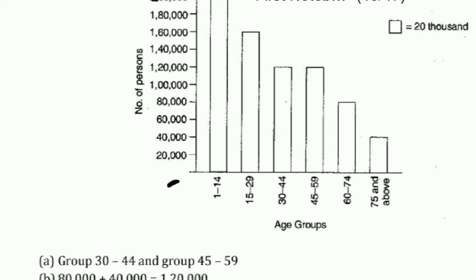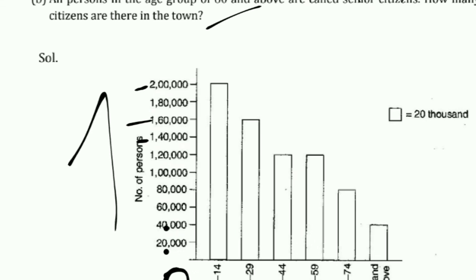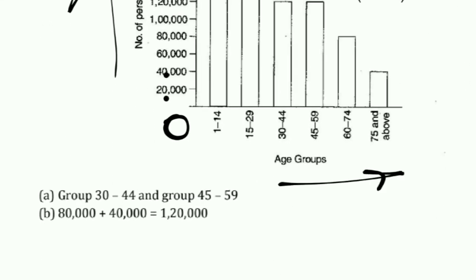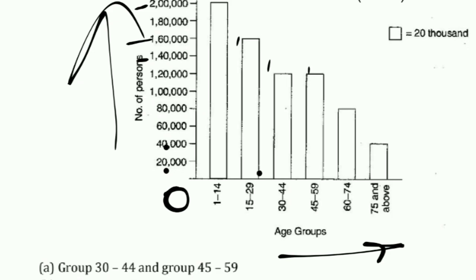Like this we can prepare, starting from 0, then 20,000, 40,000, 60, 80, 1 lakh, 1.2, 1.4, 1.6, 1.8, then 2 lakh. We represent the number of persons on this side and the age group on this side. In every bar graph we have to give some gap. So 1 to 14, then 15 to 29, 30 to 44, 45 to 59, 60 to 74, 75 and above. Like this we have made the graph.